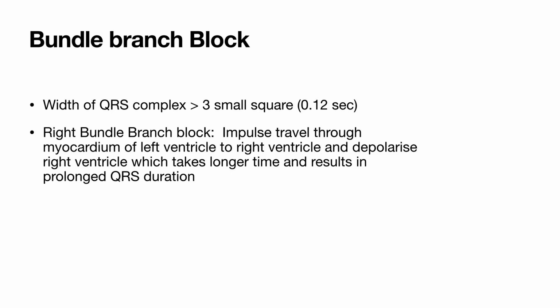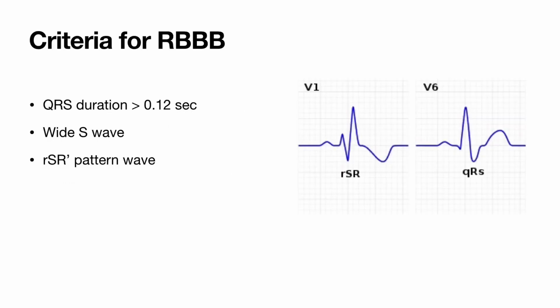Right bundle branch block. In right bundle branch block, no conduction occurs down the right bundle branch, but the septum is depolarized from the left side as usual, causing an R wave in the right ventricular lead, that is V1, and a small Q wave in the left ventricular lead, V6. Excitation then spreads to the left ventricle, causing an S wave in lead V1 and an R wave in lead V6.